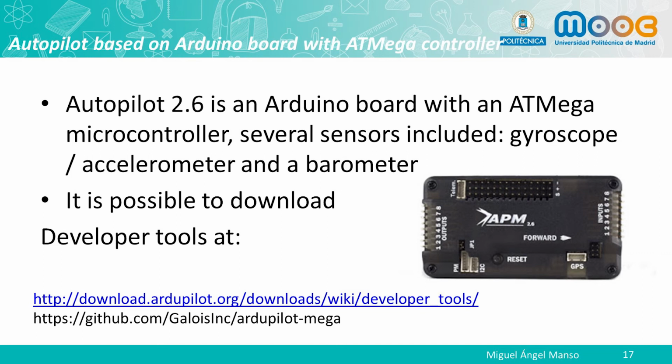It is possible to download the developer tools at http://download.ardupilot.org/wiki-download/developer tools. This Arduino board can be programmed with the Arduino Integrated Development Environment used in the previous modules. It is possible to download developer tools from the ardupilot.org website for different platforms.